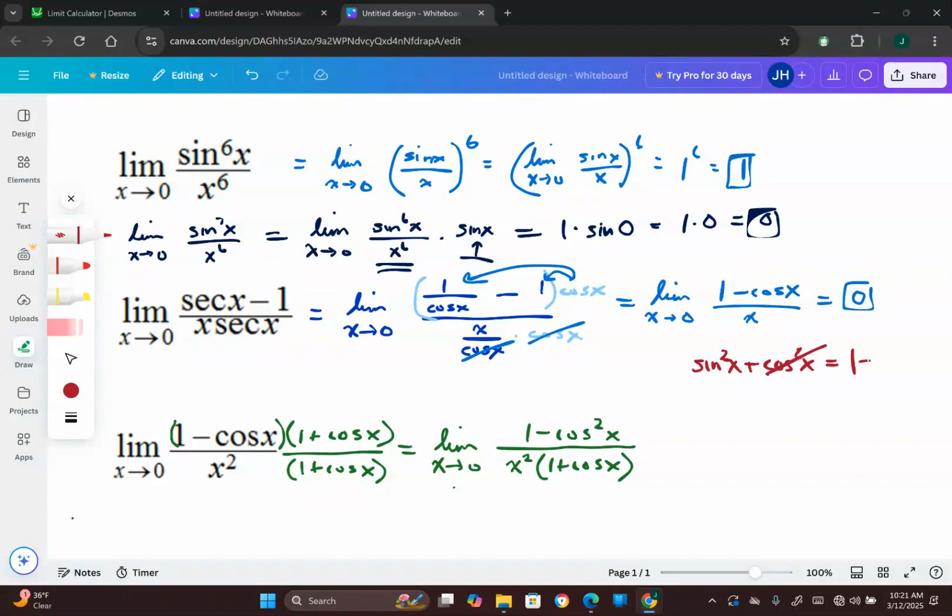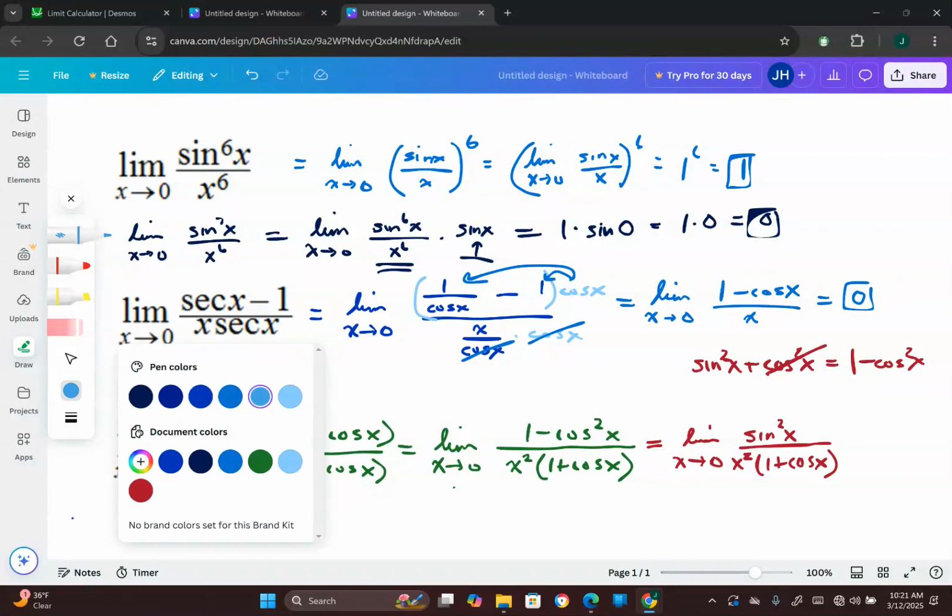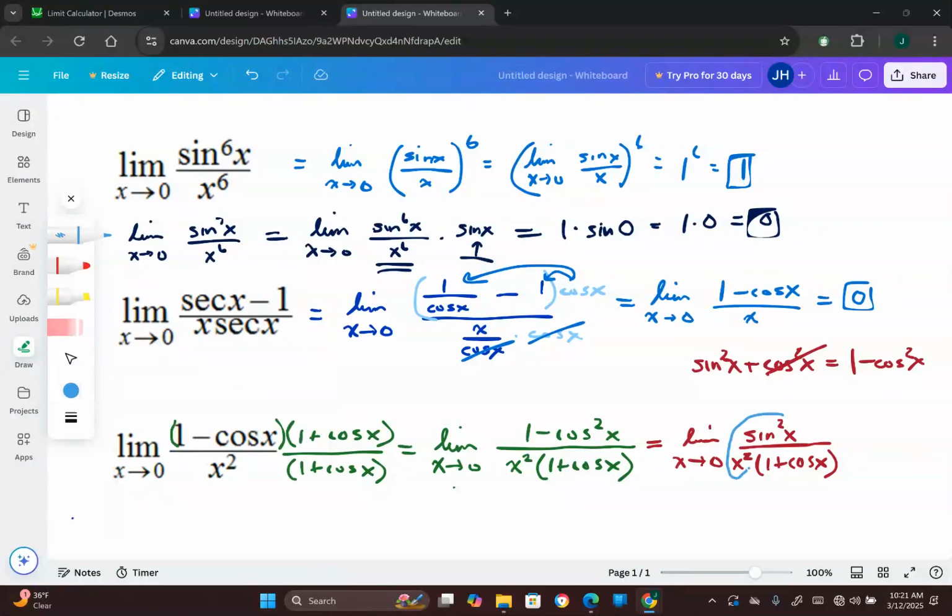So if I move this cosine over here and put 1 minus cosine squared, I can rewrite this limit. This limit is now sine squared of x over x squared times 1 plus cosine of x. Do you see it? What I've got here, right there, sine squared over x squared.